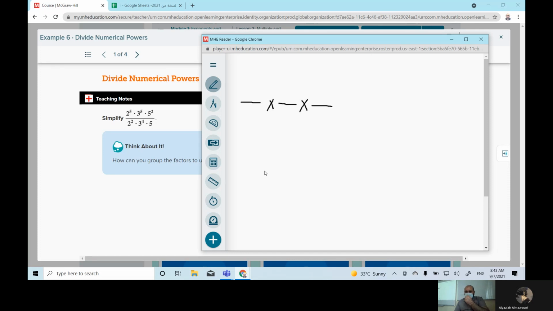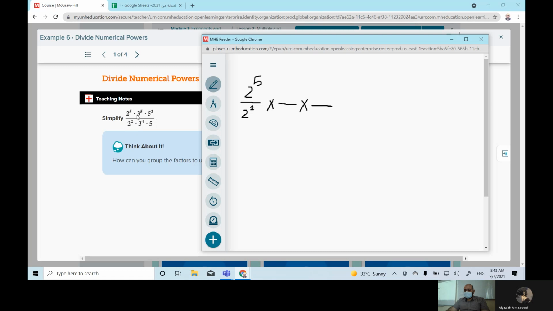Okay. And here, if I cannot do it mentally, I can do this method. Take the powers that have the same base. As you see here, 2, here 2. So write here 2 exponent 5, and here 2 exponent 2.